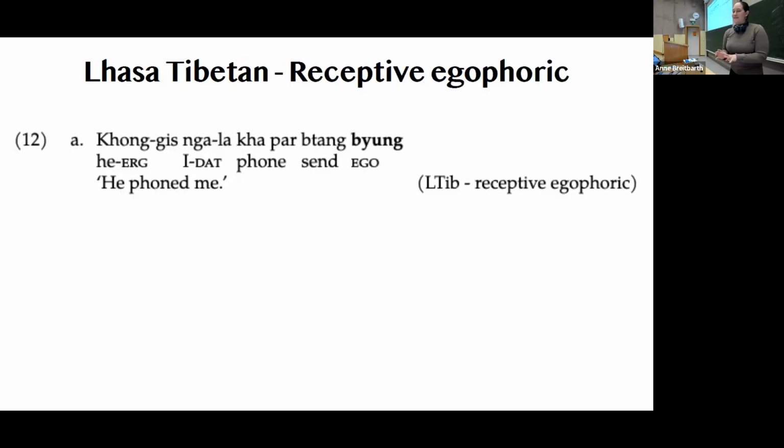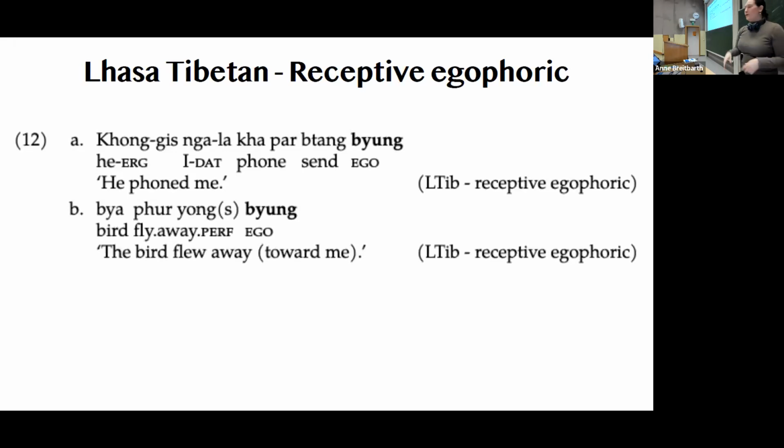Now, Lhasa Tibetan has a very interesting further development, which is called a receptive egophoric marker. So if you, let's say, receive a phone call, "he phoned me", then you would also use an egophoric marker, and a specific one called jung. It's written jung, but it's pronounced differently.